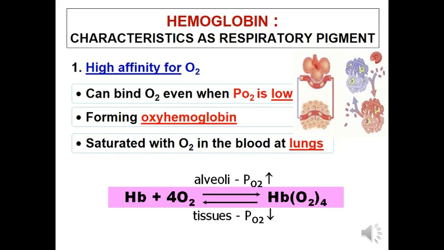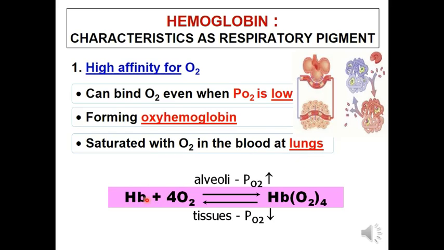Characteristics of hemoglobin as a respiratory pigment: it has high affinity for oxygen, meaning it can bind oxygen even when the partial pressure of oxygen is low, forming oxyhemoglobin, and hemoglobin will be saturated with oxygen in the blood and lungs.